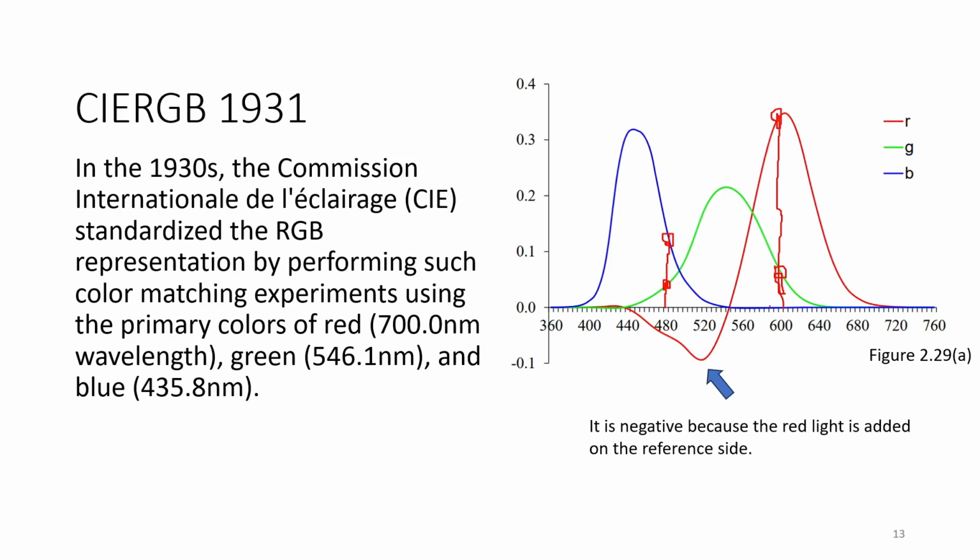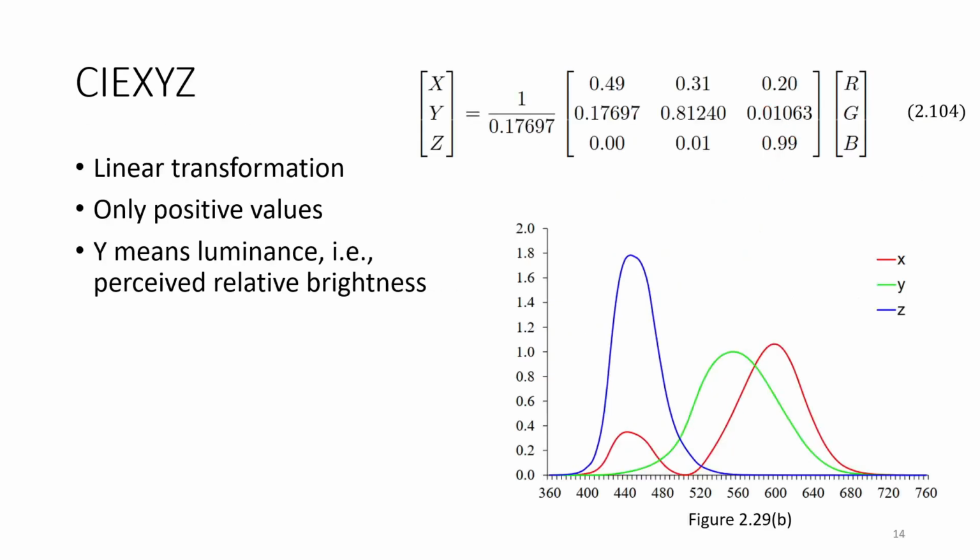However, this is inconvenient. So they created another color space called CIE XYZ. Here you can see it is just a linear transform from RGB to XYZ, and there are two advantages in this color space.